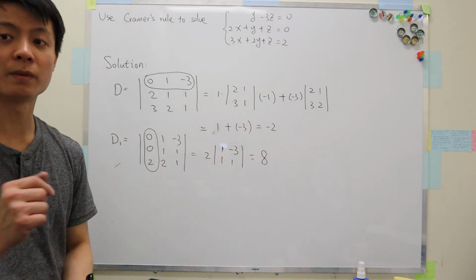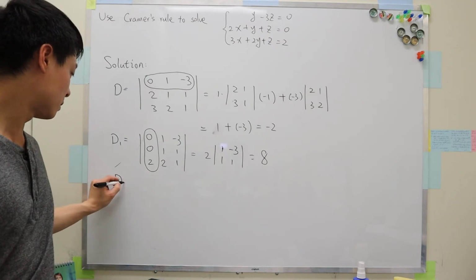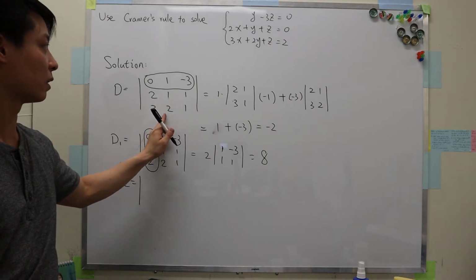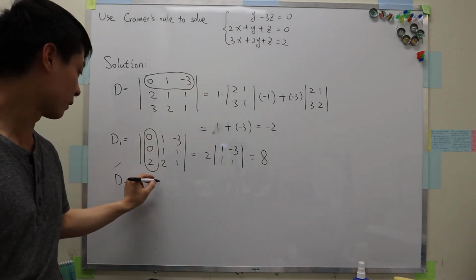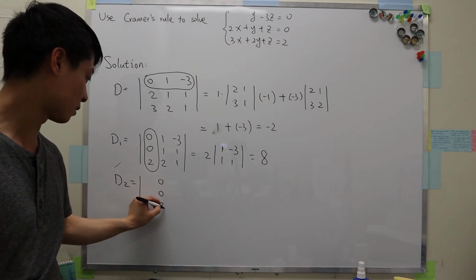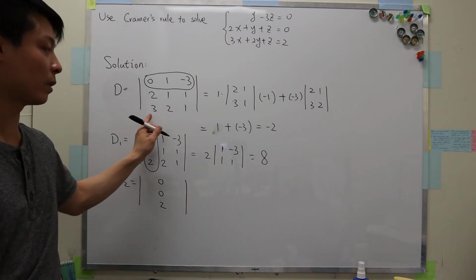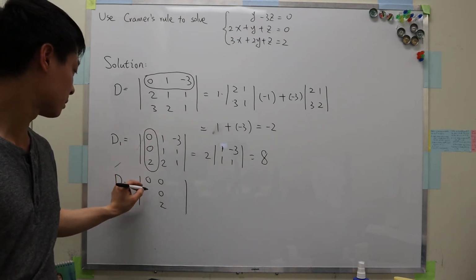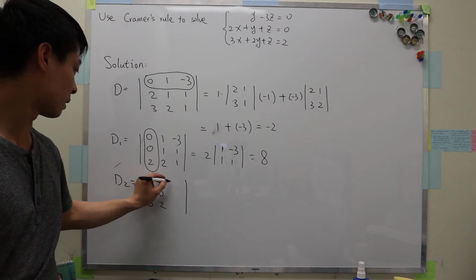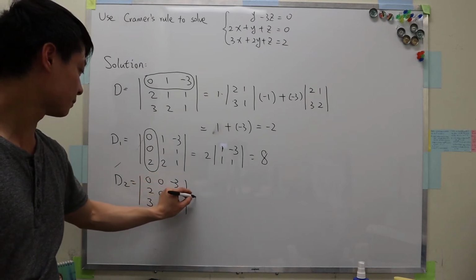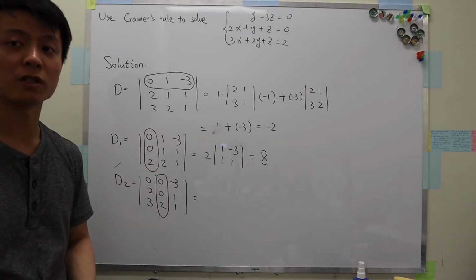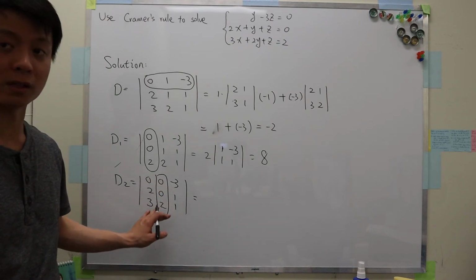Then we move on to find D2. For D2, you just replace the second column with the column there. So we have 0, 0, 2 as the second column replaced, and everything else is the same. Negative 3, 1, 1. To find this determinant, we use cofactor expansion along the second column this time, because you have many zeros here.